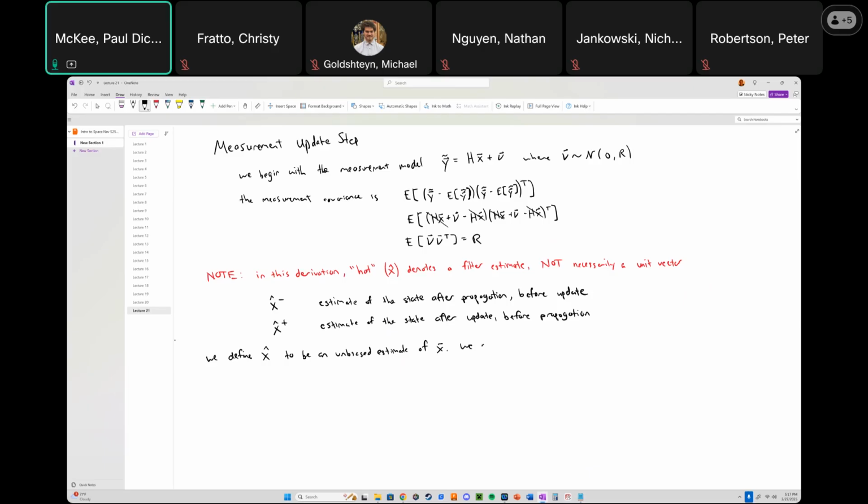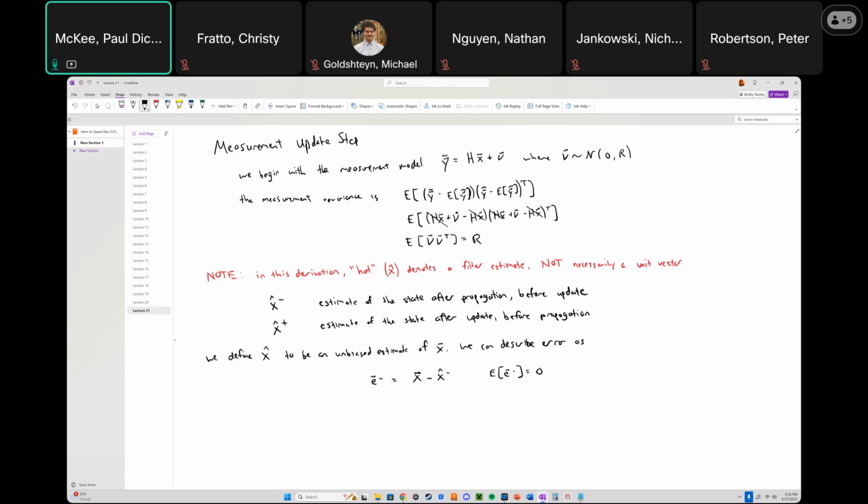And we can describe error as e minus is x vector, so truth, minus our estimate before the update, where the expected value of e minus is 0, right?